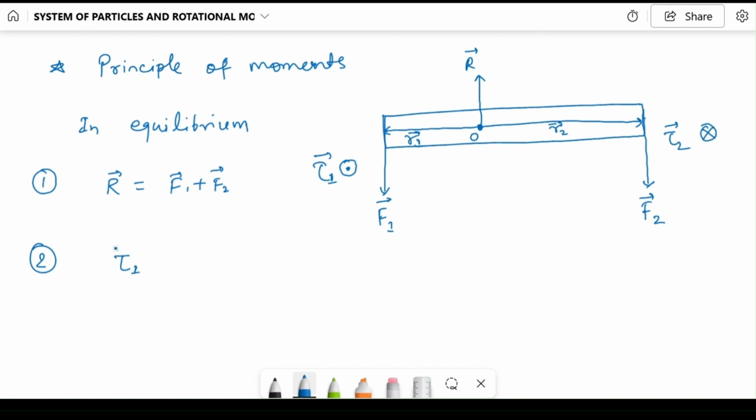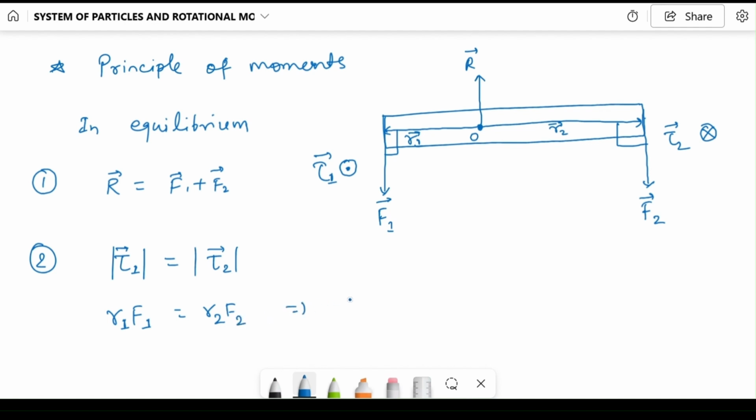We can write the magnitude of torque 1 should be equal to magnitude of torque 2. And what is the magnitude of torque 1? R cross F. And this is, let's say, 90 degree, and this is also 90 degree. So we can say R1 F1 sine 90 degree, which is 1. So magnitude will be R1 F1. And in the second case, the magnitude of torque will be R2 F2.